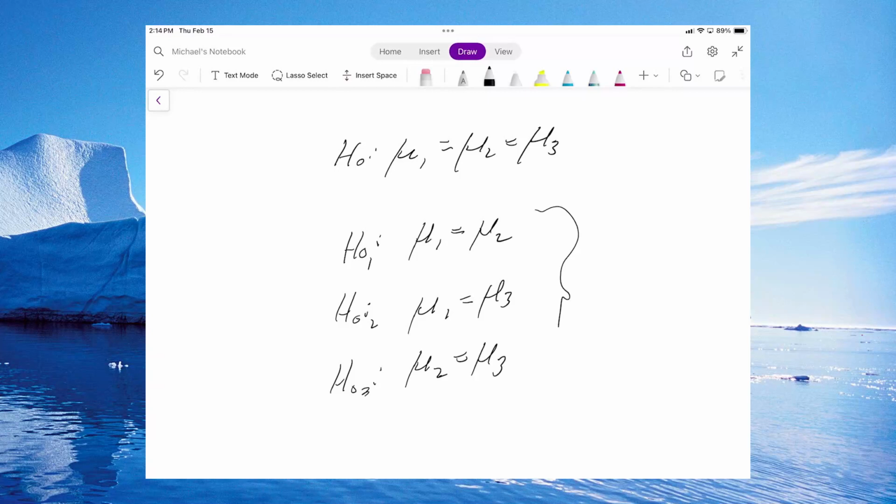So these would be specific comparisons that we could make, as opposed to this first null hypothesis, which is an omnibus hypothesis, looking at all groups at once.